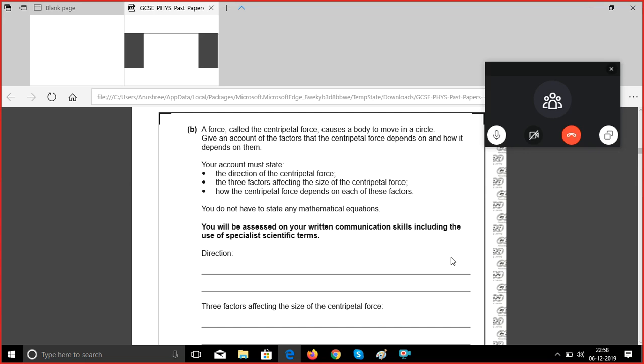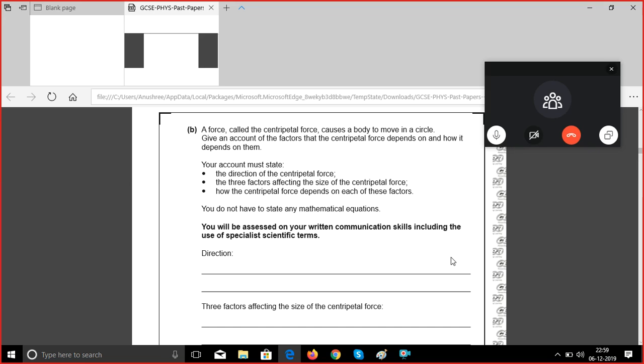Okay, so centripetal force causes it to move in a circle. So the direction is it moves towards the center of a circle.